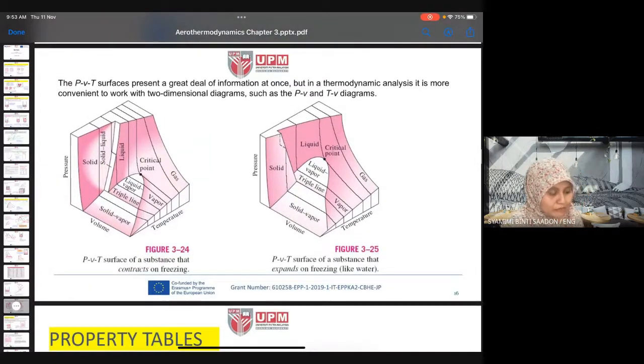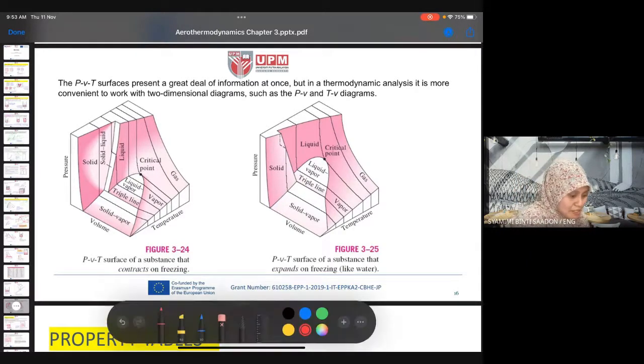Okay, we also have this diagram in 3D. So what we call the PVT diagram: pressure, volume, temperature. Sometimes we use this three-dimensional diagram also, but it's the same. Just like the PV diagram just now, you only pick this part and sketch it in a 2D diagram, axis to axis.